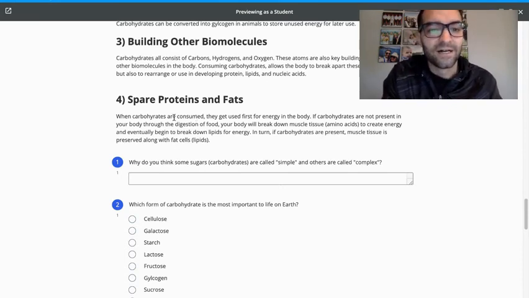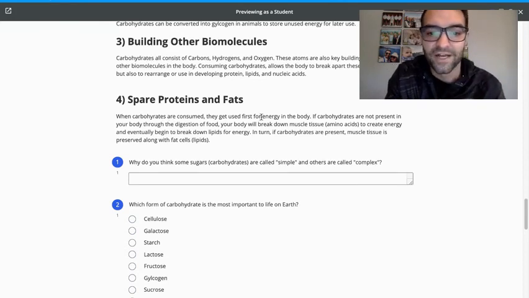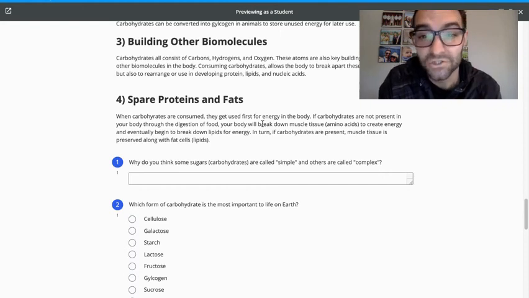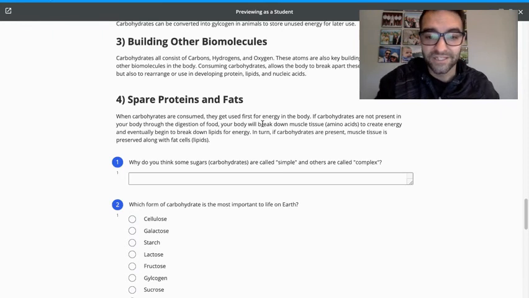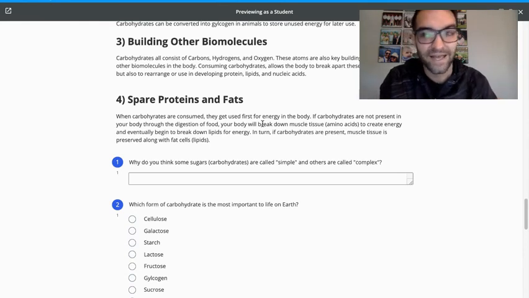What happens is when carbohydrates are consumed, they get used for energy first, right? We've talked about that. Now, if carbohydrates are not present through the digestion of food, your body will break down muscle tissue first. I talked about glycogen, but if you go through that glycogen storage, now your body is like, oh, we need energy. And so it will take energy from your muscles.